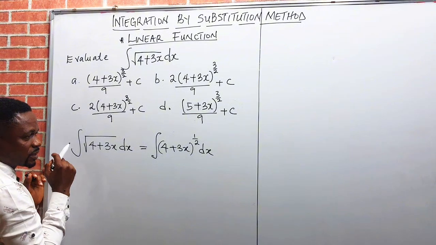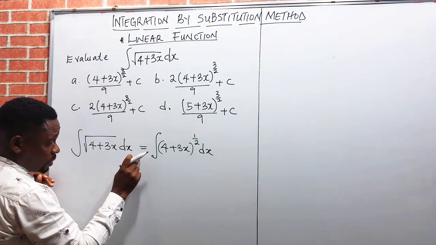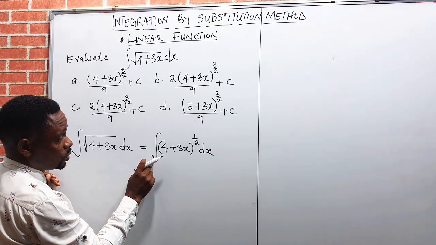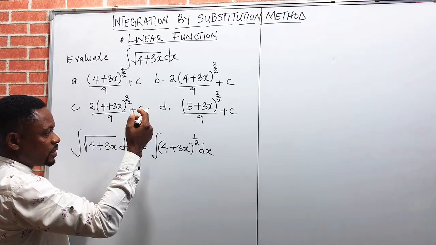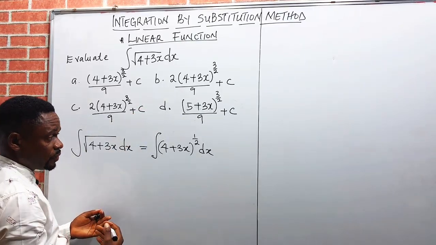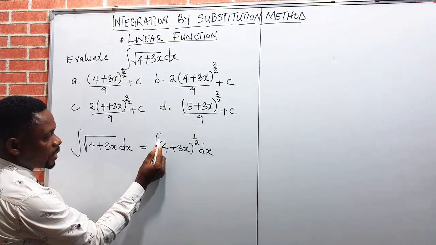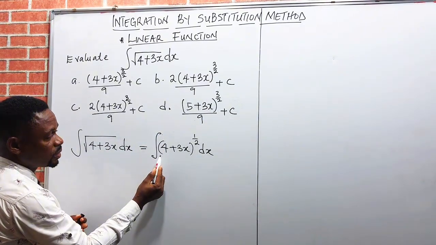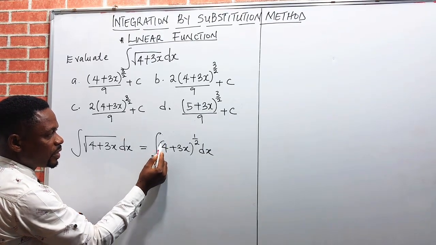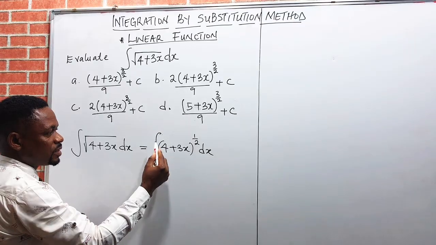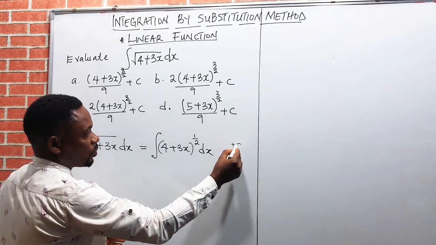This integration of a linear function by substitution comprises definite and indefinite integration. This one is indefinite because no upper or lower limit value is given, so after integrating it we must add an arbitrary constant, plus c.